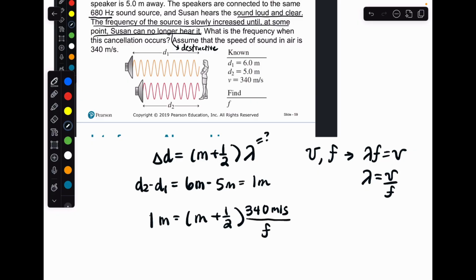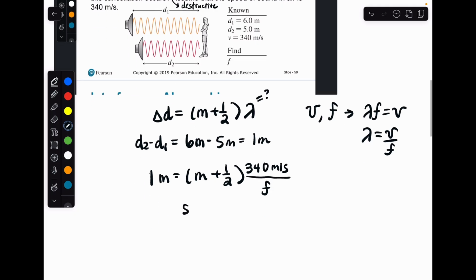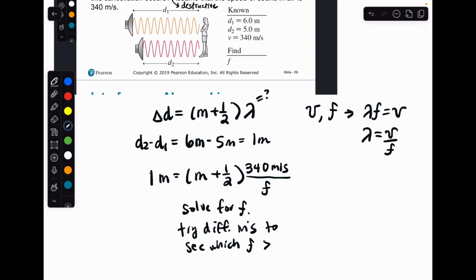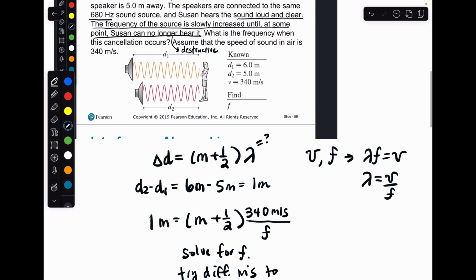And so what we're going to do is solve for frequency in terms of different m's, and we're going to figure out which frequency is going to be higher than 680 hertz. Right? So we're going to solve for frequency. Try different m's to see which frequency is greater than 680 hertz.